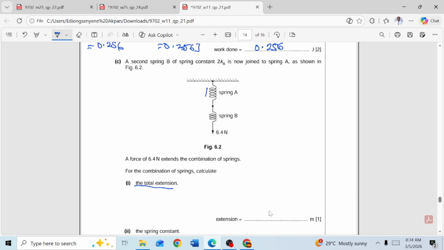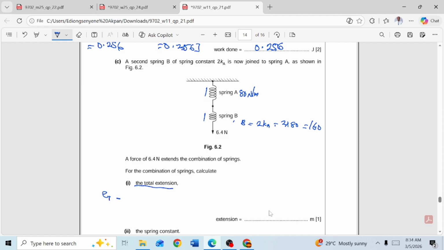Either you calculate each of them and add, or you find the total spring constant. So let's start with the one here. The spring constant here is 80, while for B, they say it is 2Ka, which means 2 times 80, 160.